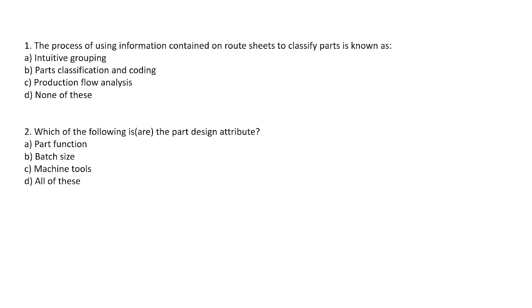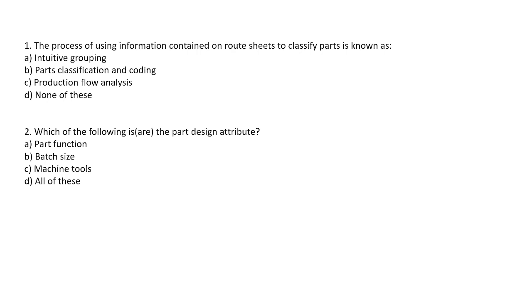The second one is part classification and coding, that is identification of the similarities and differences among parts and relating them by means of a coding technology. The next one is production flow analysis, which uses the information contained on the route sheets to classify the parts.